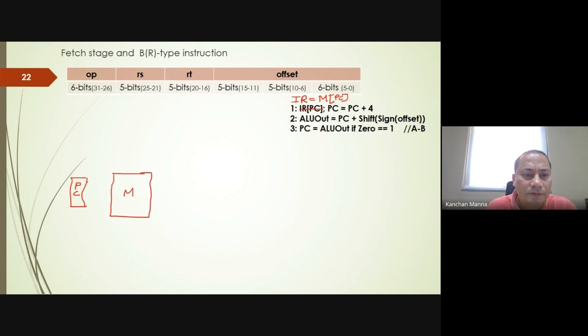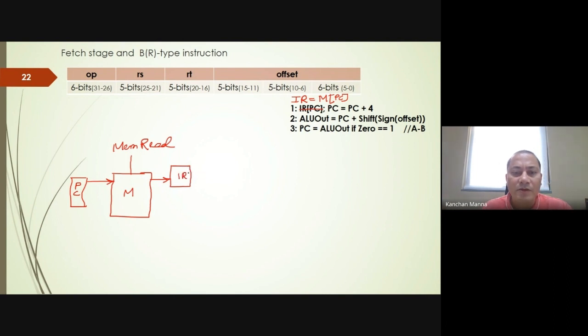So we have to bring the PC's content to this memory, and then we have the memory read signal. Now, if we make this signal 1, then the instruction will come out from this. And then, if you remember, we are storing that instruction in the IR register.